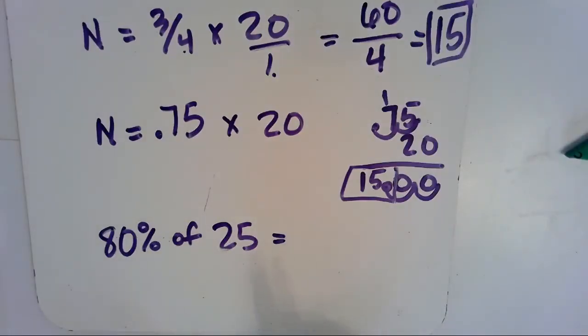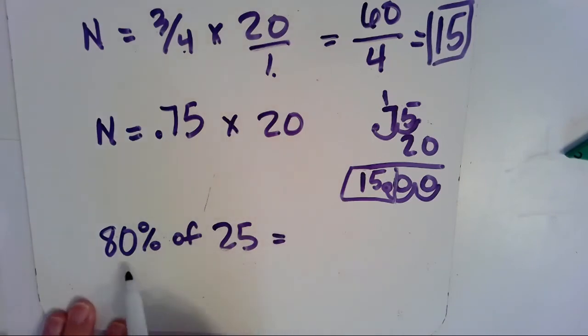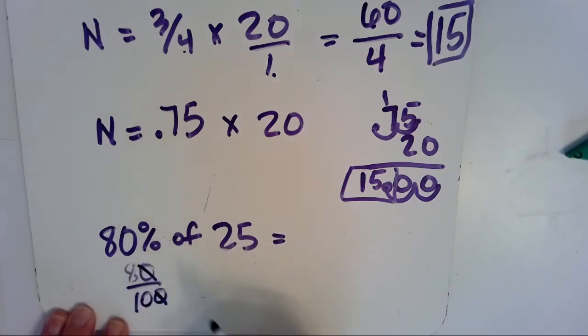Okay, so if we take 80% of 25, if something sounded weird there, it's because I had to clip this out. 80% we're going to turn into a fraction. Let's reduce that down. 2 goes into 8 4 times. 2 goes into 10 5 times. So now we have a new problem. 4/5 of, we translate to times 25.